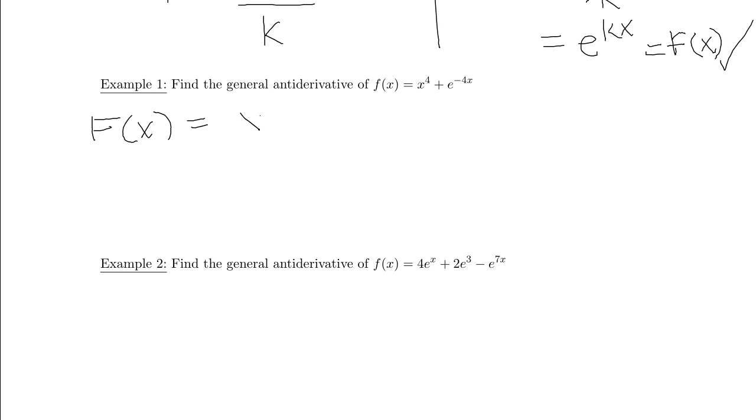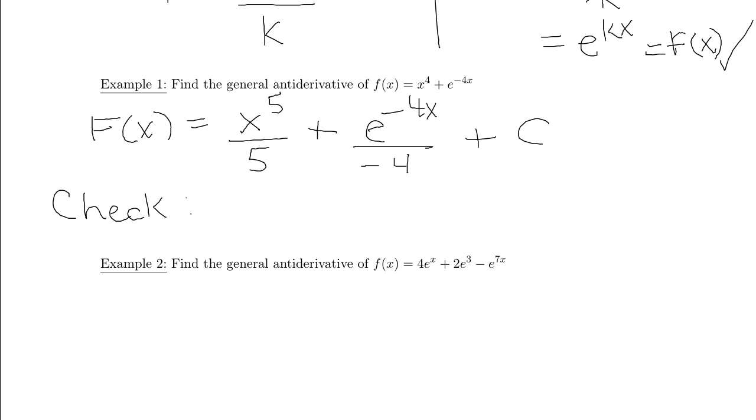So instead of being x to the power of 4, it now becomes x to the power of 5. And instead of bringing the exponent down and multiplying it, we actually divide by the exponent. So we have x to the power of 5 divided by 5 plus, for our e to the negative 4x, we're going to have e to the negative 4x again, but divided by negative 4, and plus a constant.